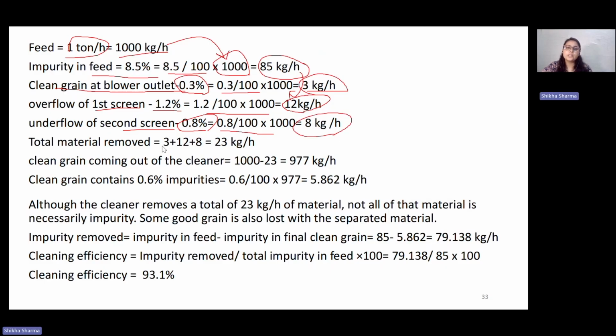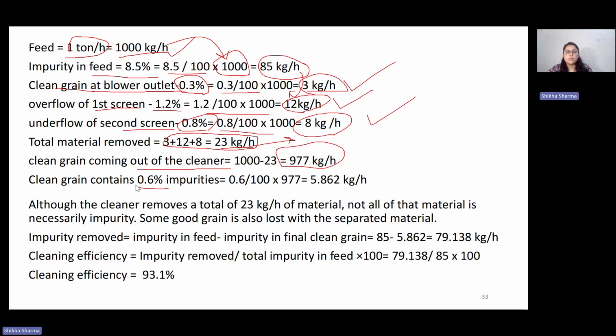The total material removed is the sum of 3, 12 and 8, which is 23 kg per hour. The total material is 1000, so 1000 minus 23 is 977 kg per hour, the total grain coming out of the cleaner.